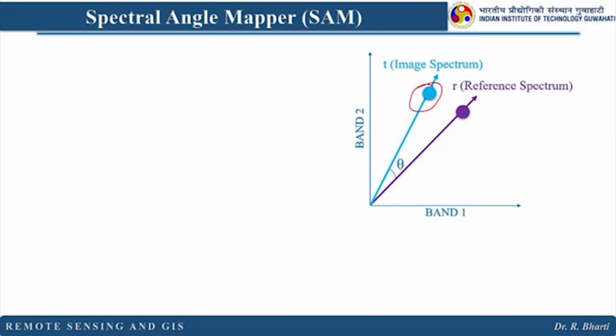So, this particular position may change when you are changing the value in percentage, or if you are using a multiplicative factor. In that case, this particular pixel location may come here, but this is not going to affect the position or the angle between these two. So, in that case it is very safe to use spectral angle mapper.